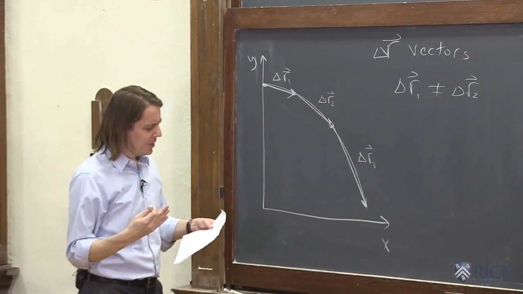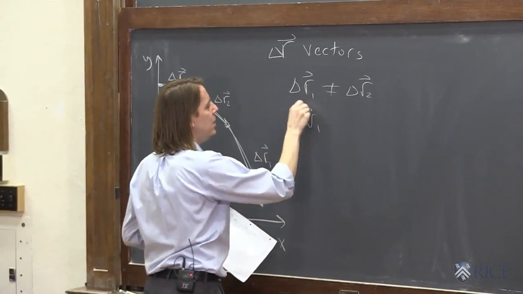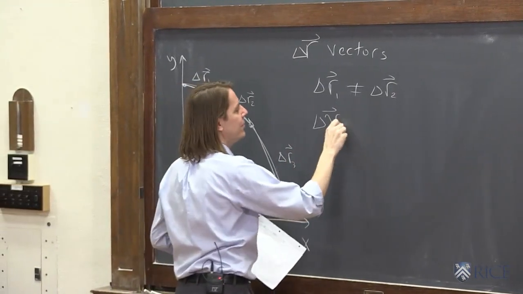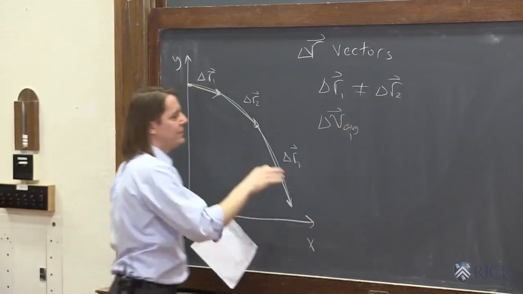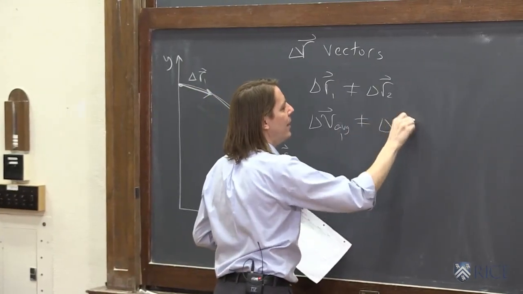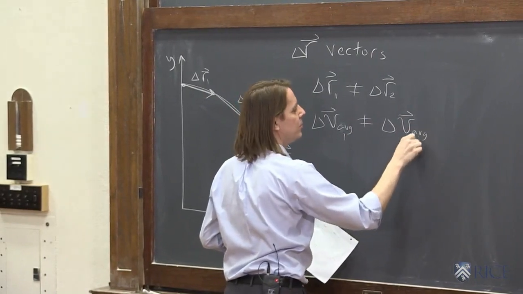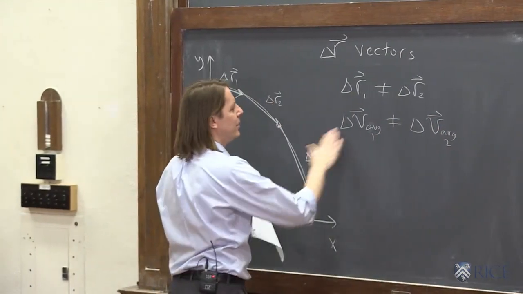So we can think about what that meant in terms of physics. Well, that means that the average velocity on this one does not equal the average velocity on this one for 2. I'm sorry, I don't need the deltas in there.